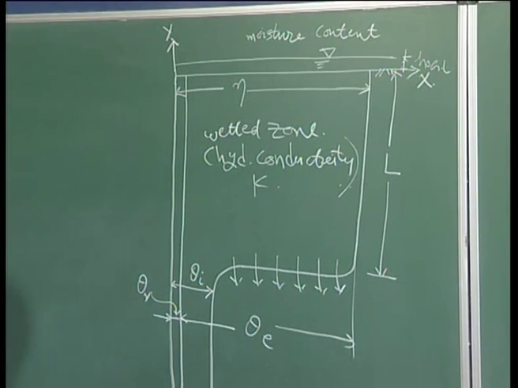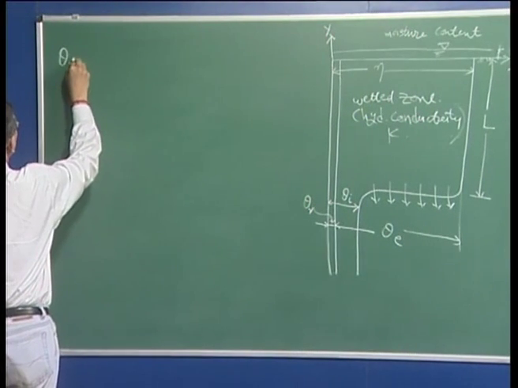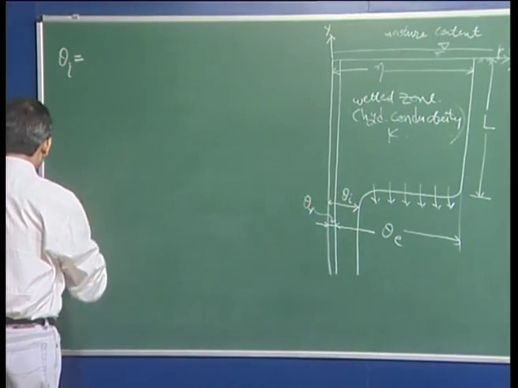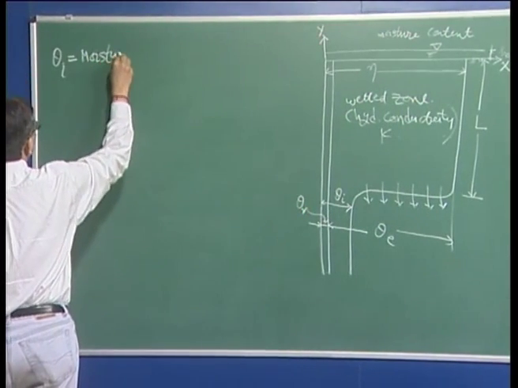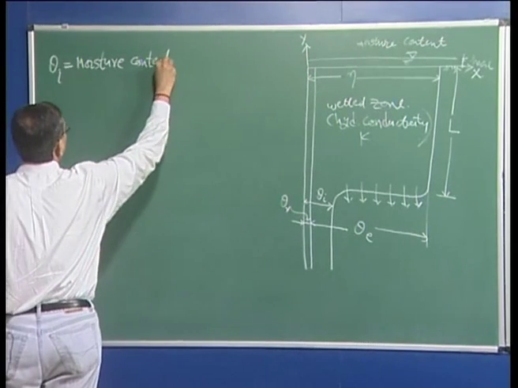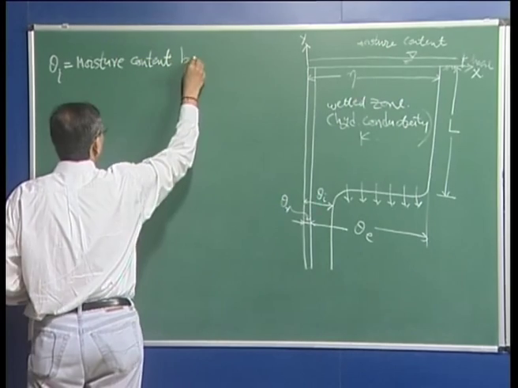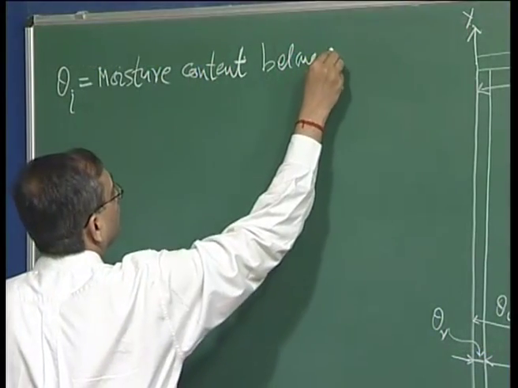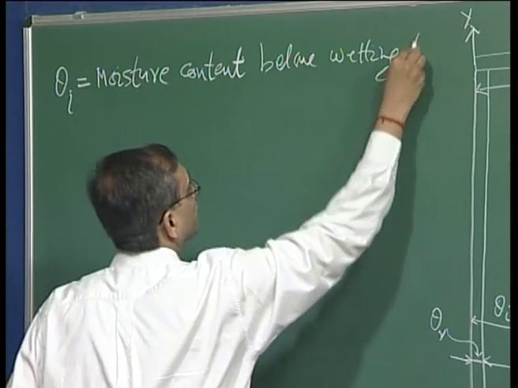So, let me define all these variables first. You have theta i, the moisture content below the wetting front, or the initial condition basically.